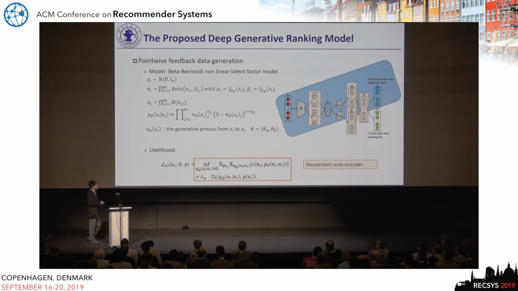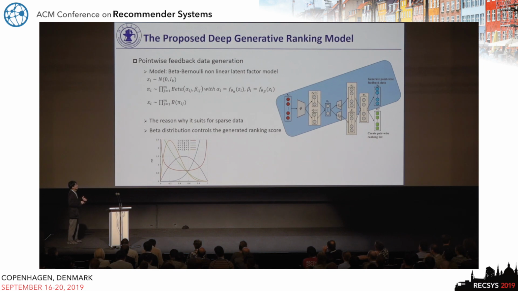And we use the auto-encoder framework to measure the distance between the true data distribution and the generative distribution, which enables us to sufficiently reduce the reconstruction error.